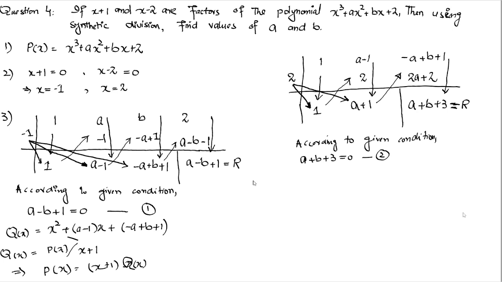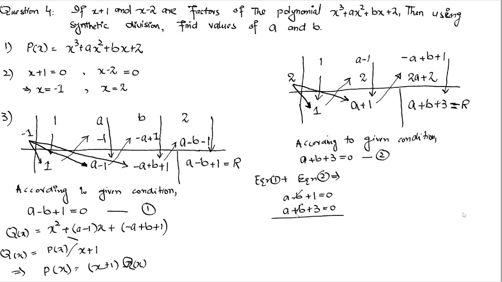Now we will perform addition of equation number 1 plus equation number 2. Equation number 1 is a minus b plus 1 is equal to 0. Equation number 2 is a plus b plus 3 is equal to 0.